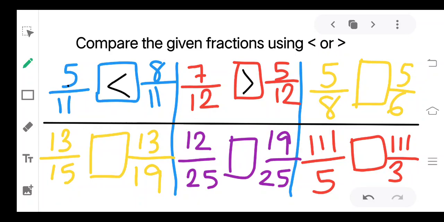When the numerators of two or more fractions are the same, the fraction with the smaller denominator is greater. So you can see 6 is smaller than 8. So we can see that 5 upon 6 is greater than 5 upon 8. The next 3 examples you have to solve on your own.